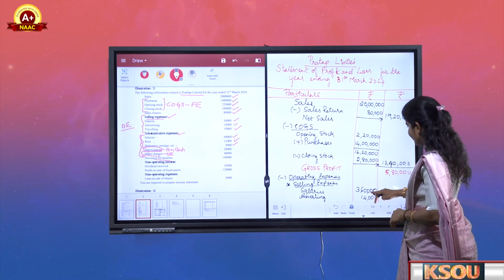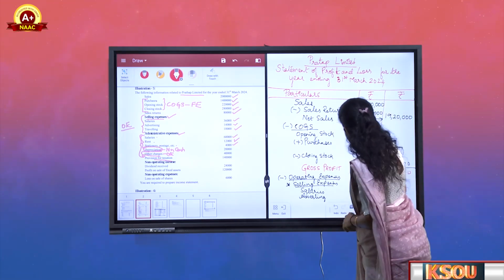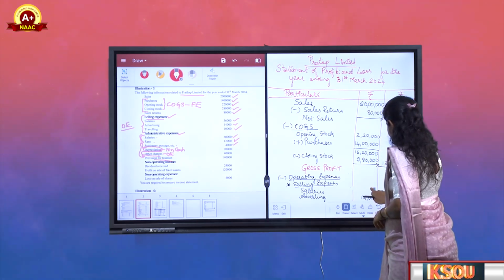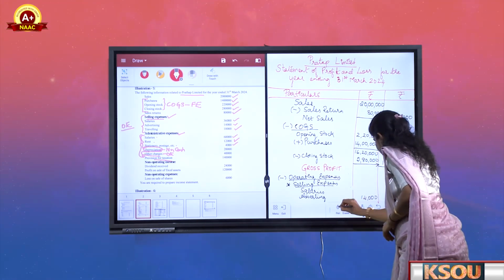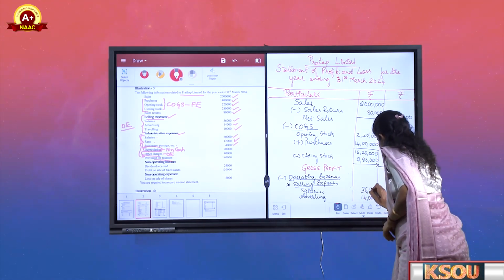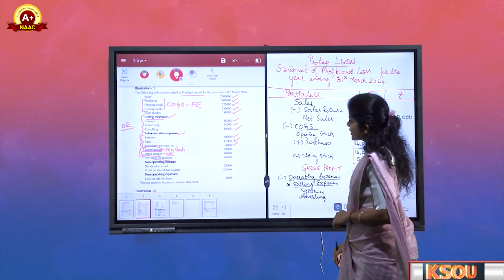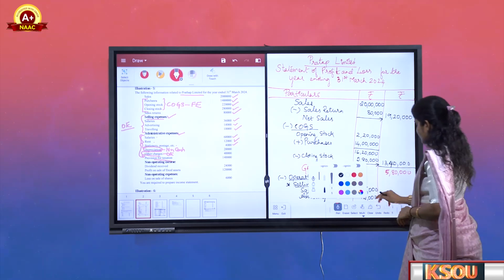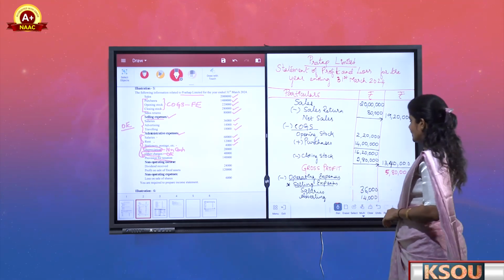We have salaries of 36,000. Okay. So salary is 36,000. Then 14,000 of advertising.